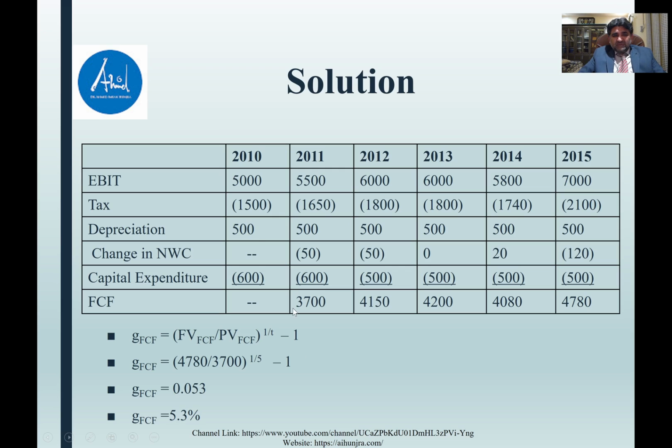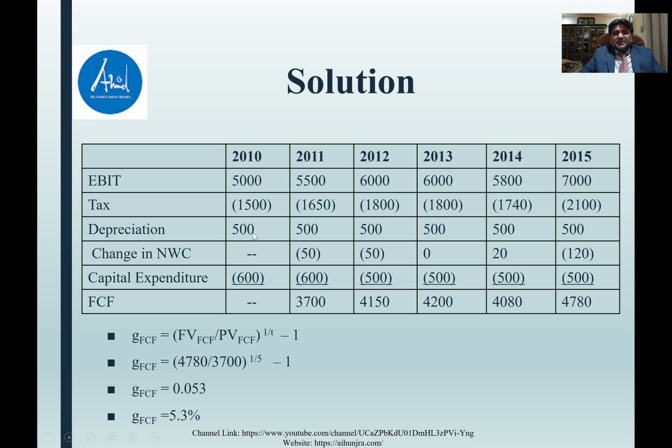That's why when we put it in parentheses, it leads to subtraction, and if it's not in parentheses, we are going to add. So tax amounts of 1,500, 1,650 and so on are put into brackets. It means they will be subtracted.